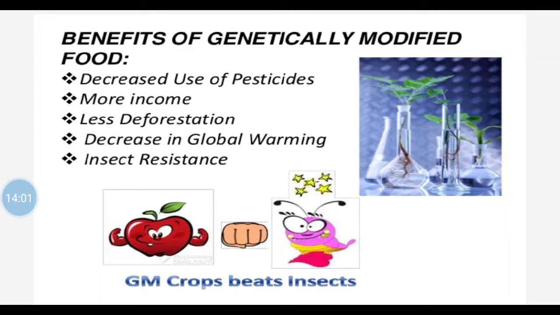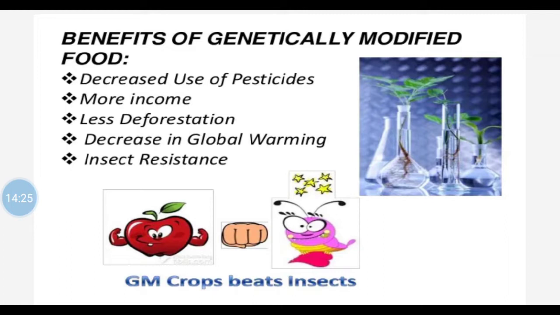So when naturally we have to grow the crops, the land area required for agricultural purposes is more. But when we are following this artificial technique, the land required will be less.